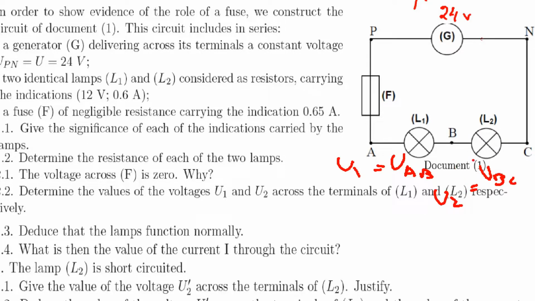Now the law of addition of voltages yields a linear equation and one unknown. In this case we have two unknowns, UAB and UBC, but using the fact that the two lamps are identical, it's sufficient to determine the voltage UAC, prove it is equal to 24. Then we will divide the voltage by 2, which is equal to UAB and UBC because they are identical lamps.